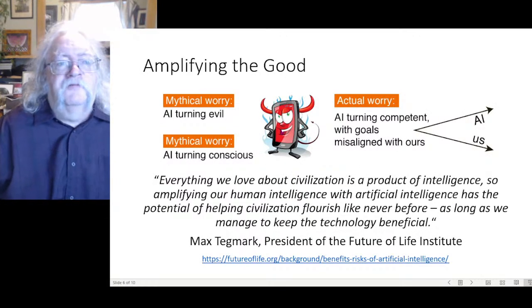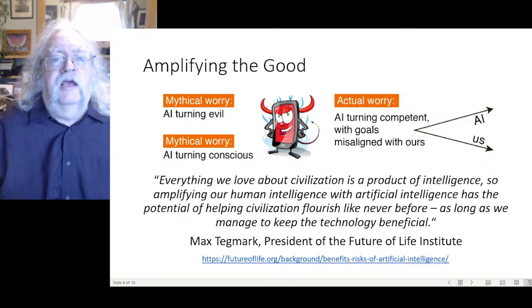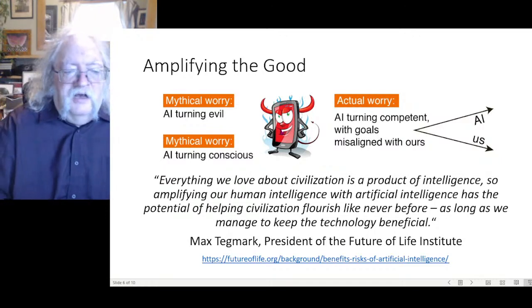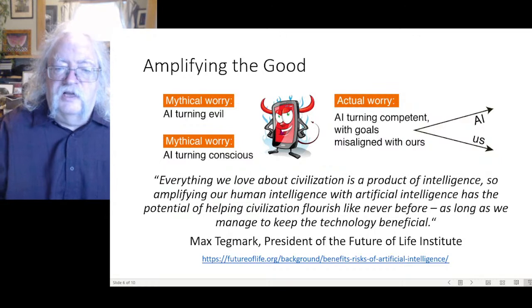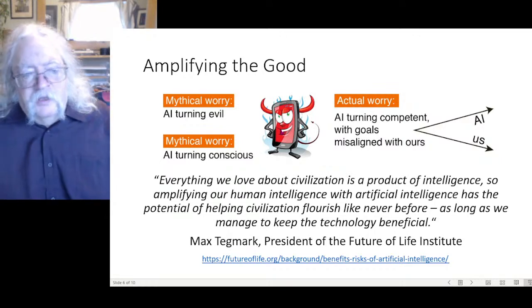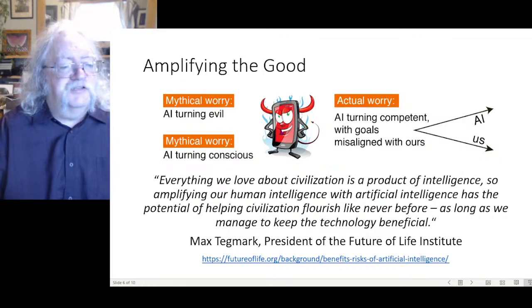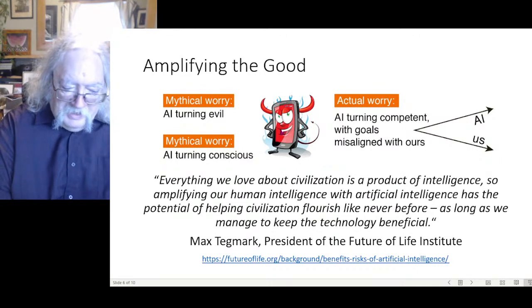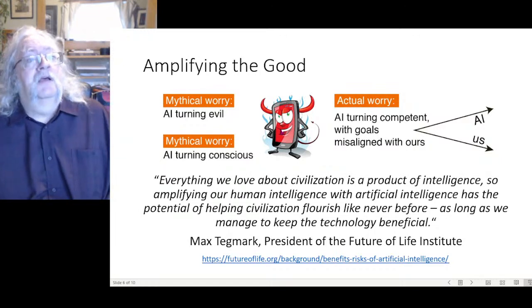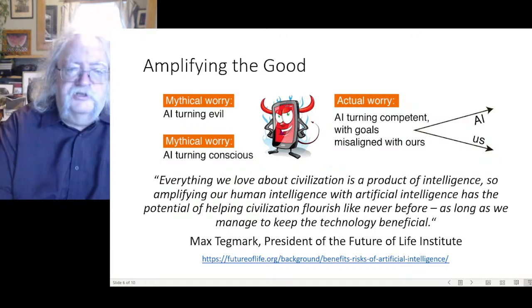Conversely, an artificial intelligence might spot what we want in society and begin to amplify it. Max Tegmark has an interesting perspective on this, saying everything we love about civilization is a product of intelligence. So amplifying our human intelligence with artificial intelligence has the potential of helping civilization flourish like never before. And it's interesting because the presumption is being made here that intelligence is good.